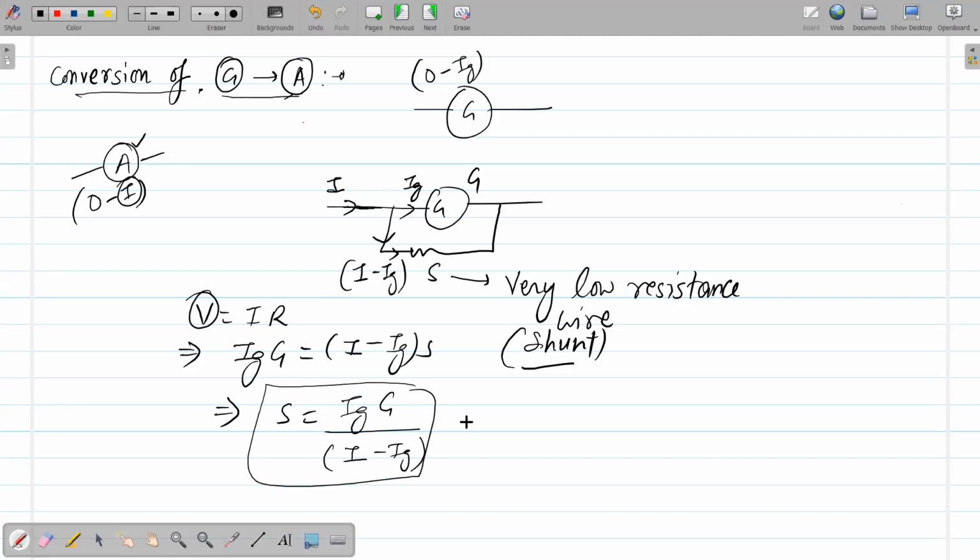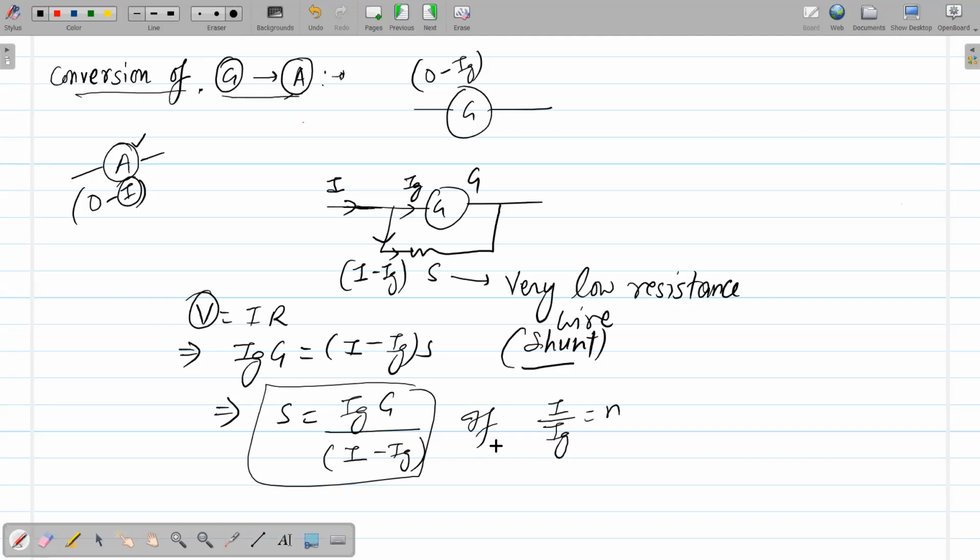And if I consider I by Ig as n, this will imply how many times the current range you want to make the ammeter as compared to that of the galvanometer.